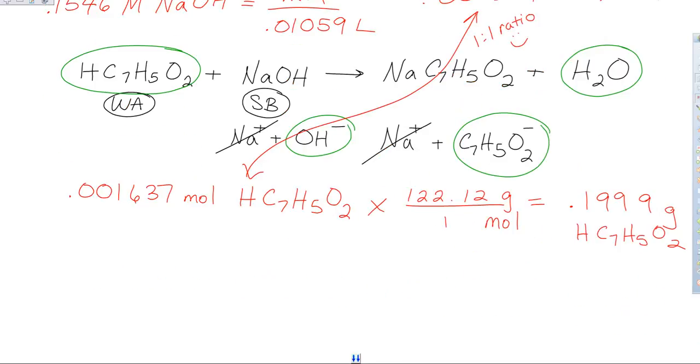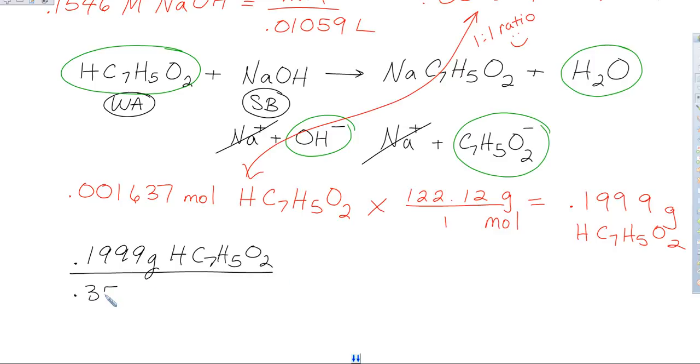The mixture had 0.1999 grams of acid, C7H5O2, and the total mass was 0.3518 grams total.